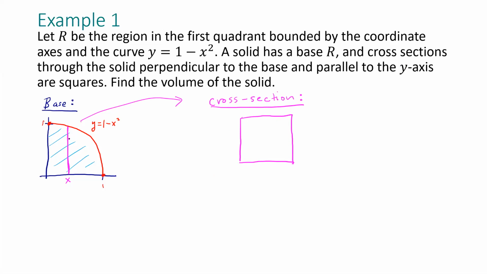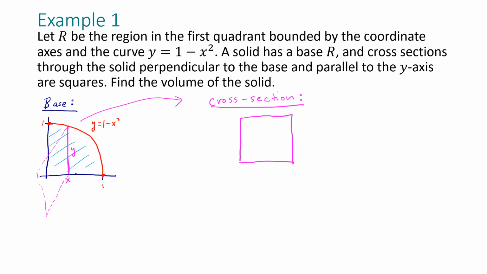And the idea is that one of the sides of our squares is going to lie along this line here, but kind of sticking out of the plane a little bit, sticking out of the screen. If you can imagine the square coming out of the screen, that would be our cross section right there.